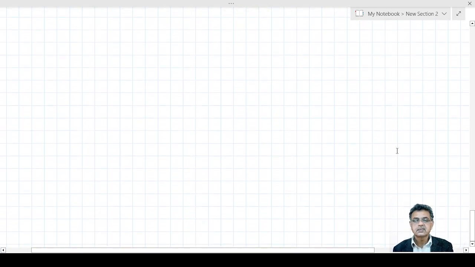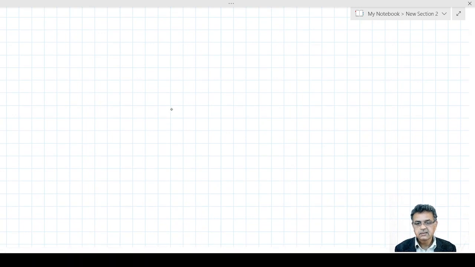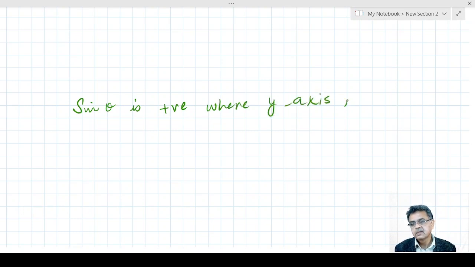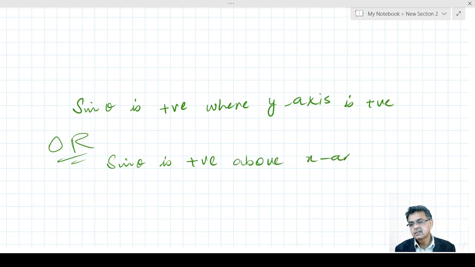In the same context we can say that sin theta is positive where y is positive, or you can say that sin theta is positive above the x-axis.